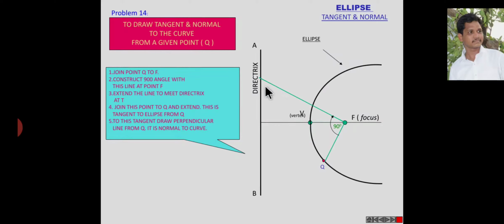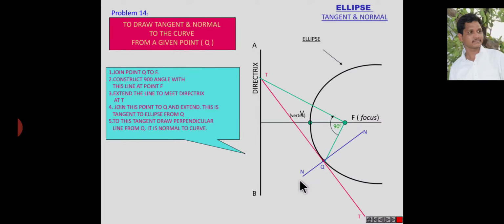Join a line like this. This line is the tangent to the ellipse, and draw a perpendicular line to this tangent line. So this is the normal to the ellipse. This is the tangent, this is the normal.